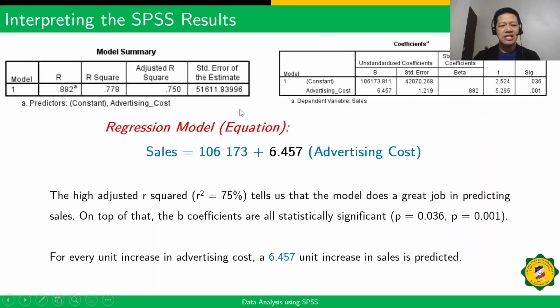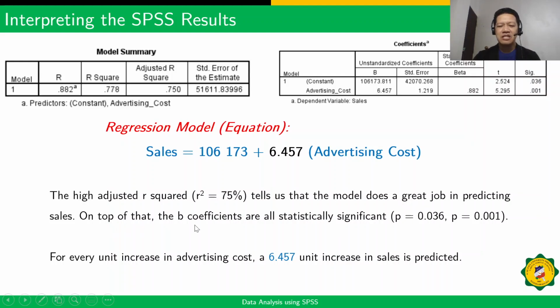And the next thing is how to interpret these values here. So the high adjusted R squared, that's actually our 77.8%, tells us that the model does a great job in predicting sales.